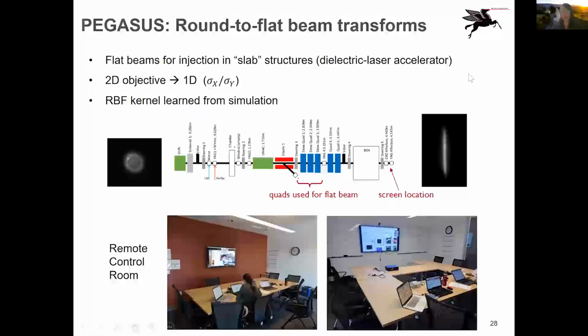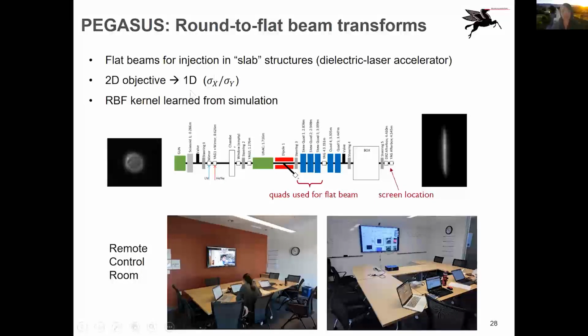Then we took this GP method and applied it on PEGASUS on making flat beam. When making flat beam, we actually have a 2D objective function, but we folded it into a 1D objective, calculating just the ratio between sigma x and sigma y.